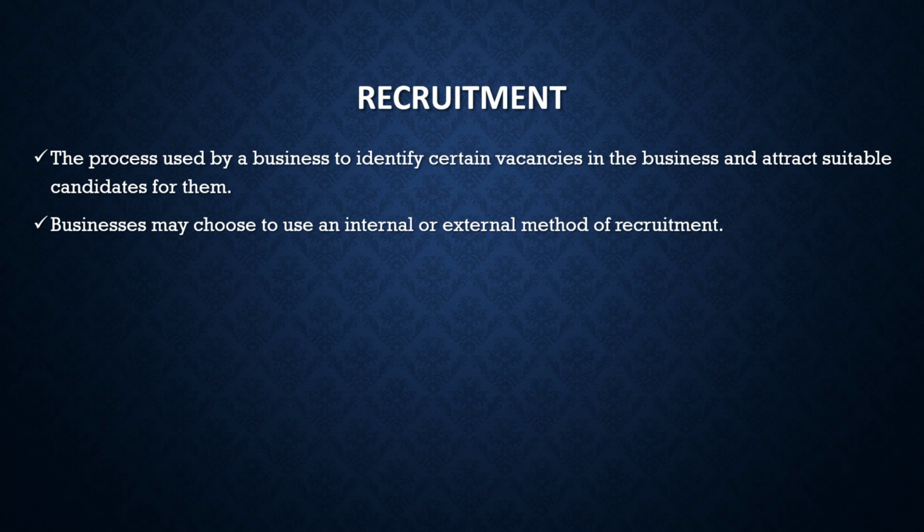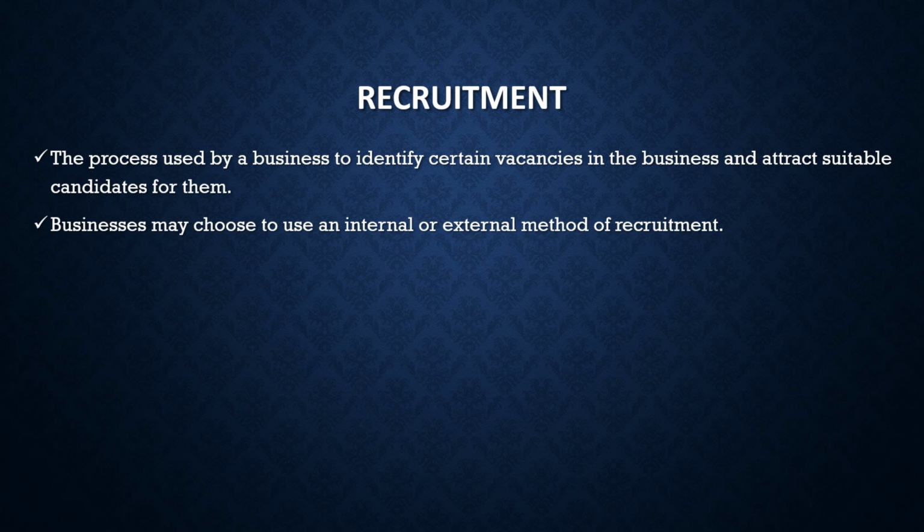And when a business is hiring from outside, it's called an external method of recruitment. So it depends on the type of job or vacant post which needs to be filled, that a business will have to decide whether they are taking somebody that is already in the business, somebody who already knows the systems and the culture of the business, or they need someone from outside.